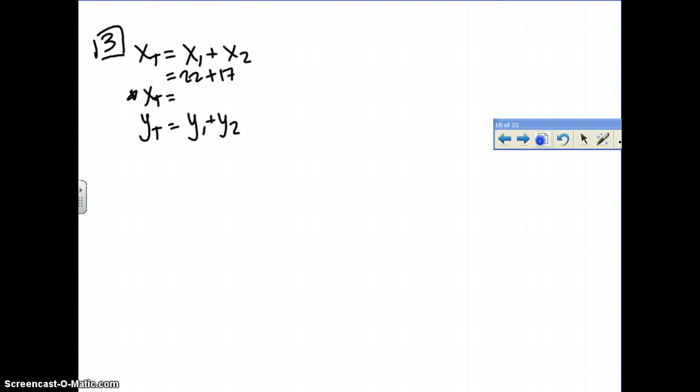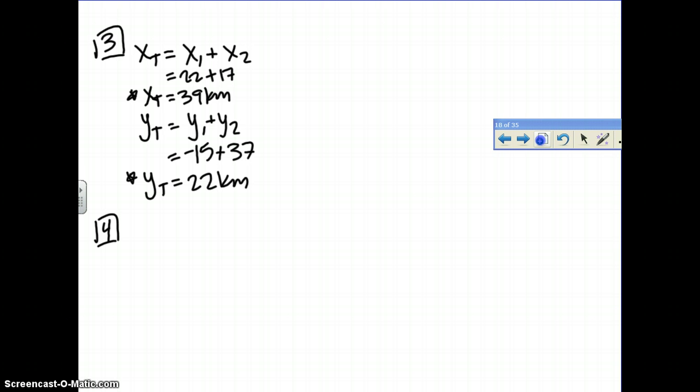So your X total comes out to be 39 kilometers. All right, Y1 was a negative 15 and Y2 is a positive 37. So Y total comes out to be 22 kilometers.